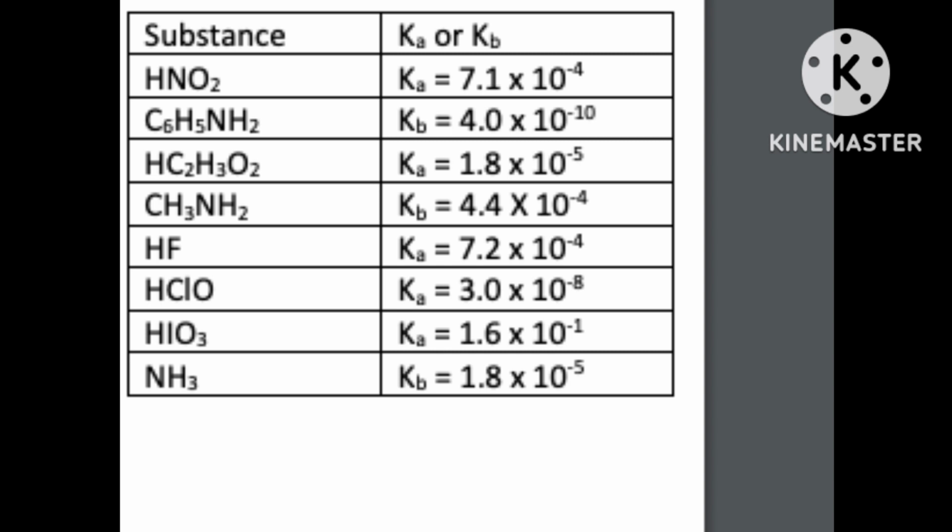That means the product's concentration divided by the reactant concentration, same way as Ka. Or you can also write Kb in another way. Suppose the initial concentration of MOH is C mole per liter, and at equilibrium suppose alpha mole is dissociated.